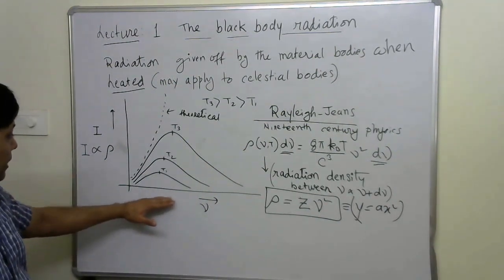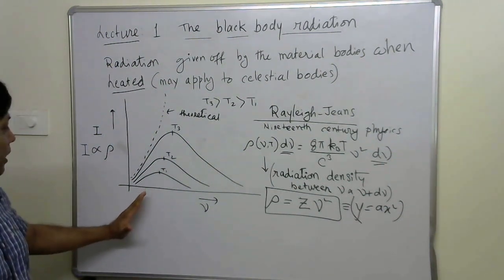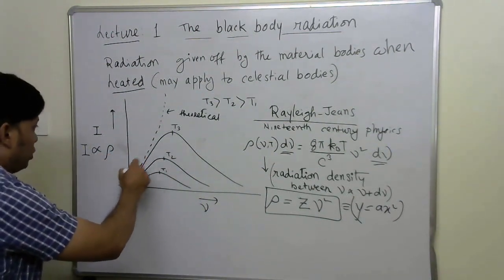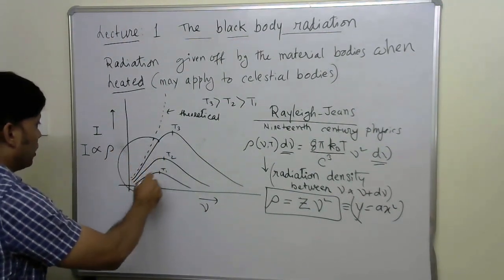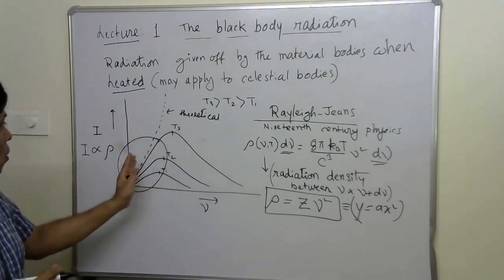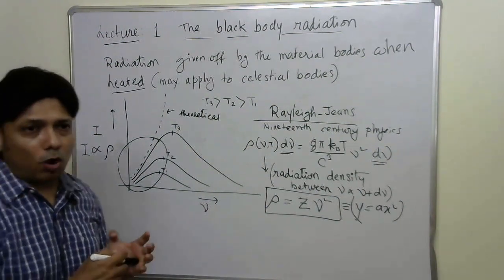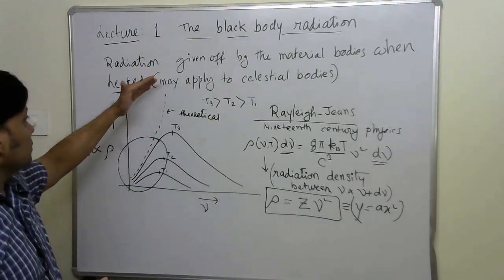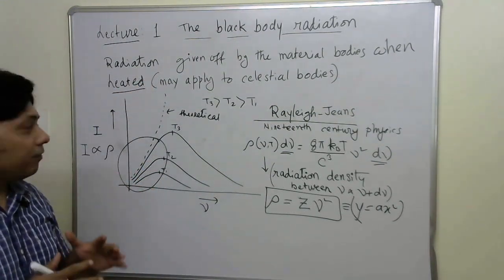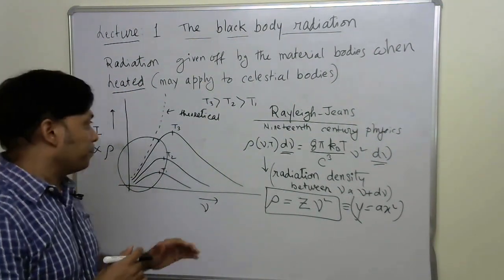At the left-hand side, that means in the near infrared and red region, the theoretical prediction up to this point works pretty well. But once the frequency enters the blue or UV region, there is a significant divergence between the theoretical and the experimental outcome.